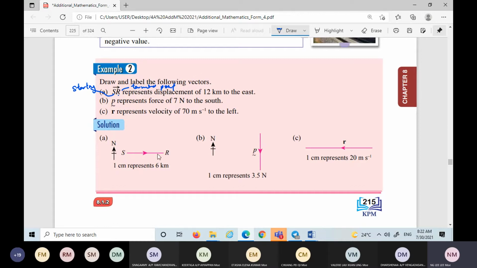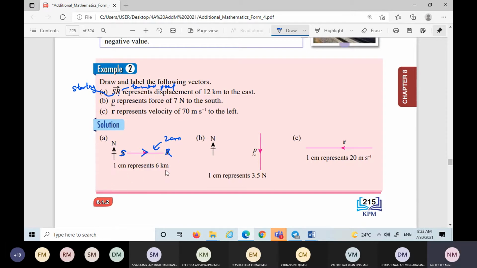So you put your S here and your R here. How long do you want to draw? 1 centimeter is 6 kilometers, so 12 kilometers is 2 centimeters long. So you have to draw your line 2 centimeters.